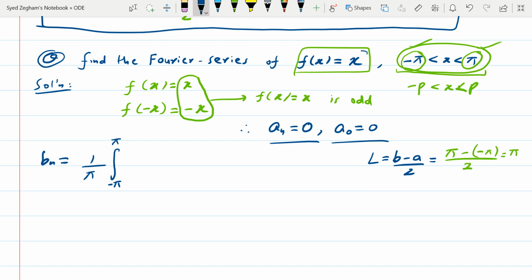f(x), which is equal to x, multiplied by sine n pi x divided by L, that is again pi, and integration with respect to dx. So what will happen?